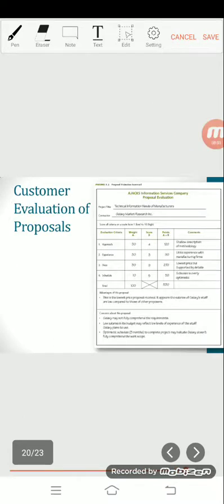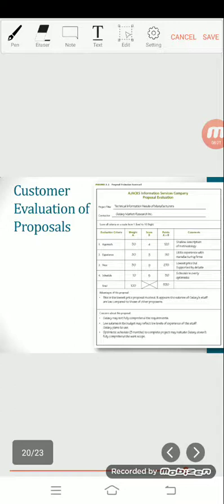Okay, this is the example of customer evaluation of proposal. As you can see, the project title is Technical Information Needs of Manufacturer and the contractor is Galaxy Market Research Incorporated.